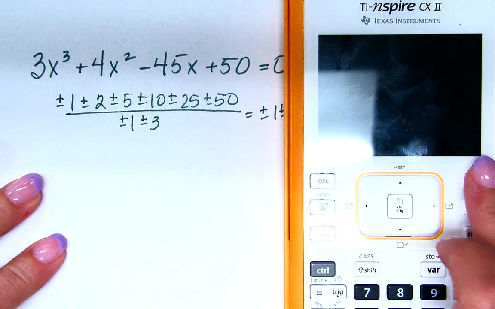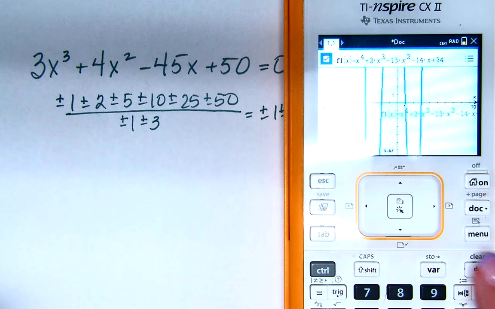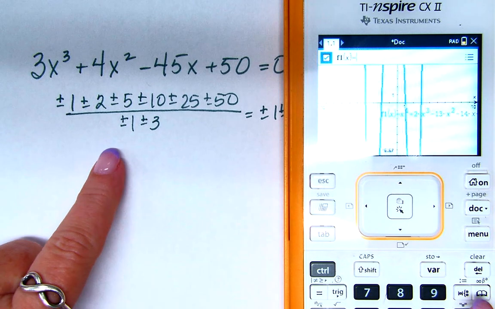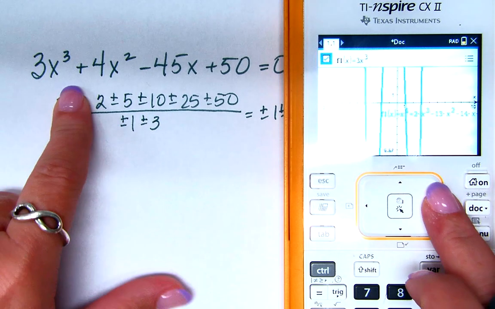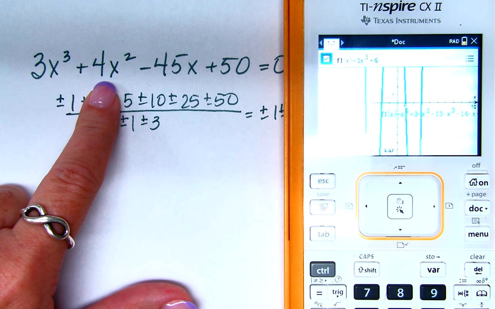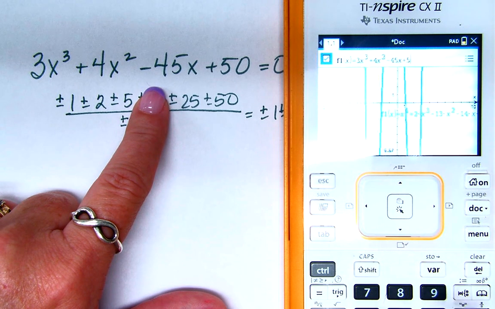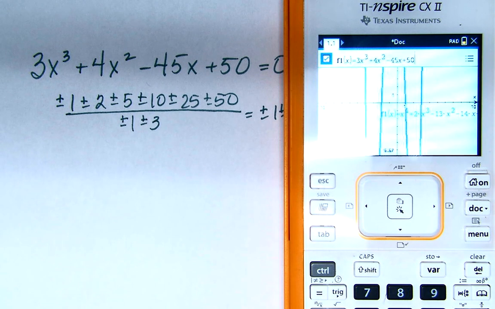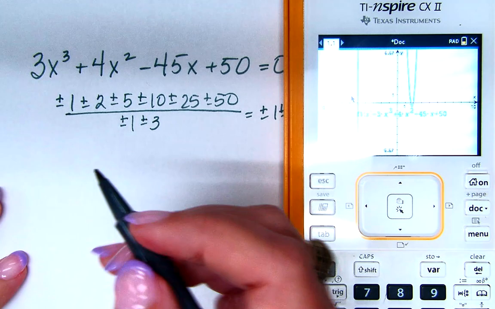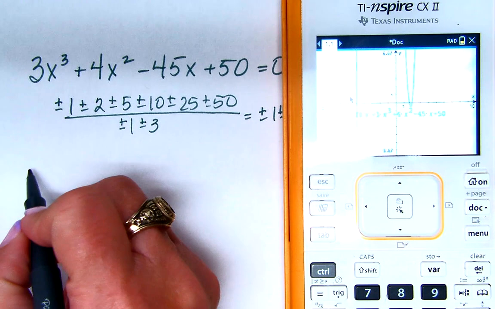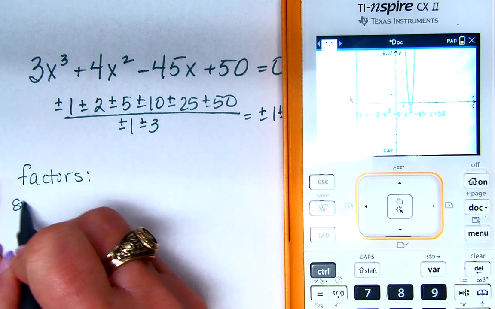So I'm going to hit tab, hit my up arrow, clear my equation, and enter my new equation: 3x raised to the third plus 4x squared minus 45x plus 50. And what I need are my factors and my solutions.